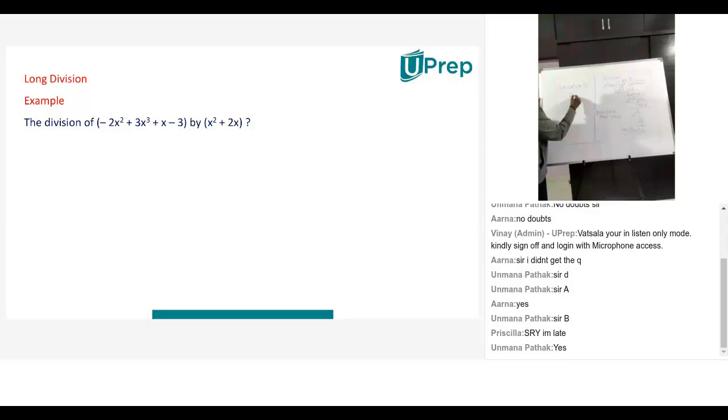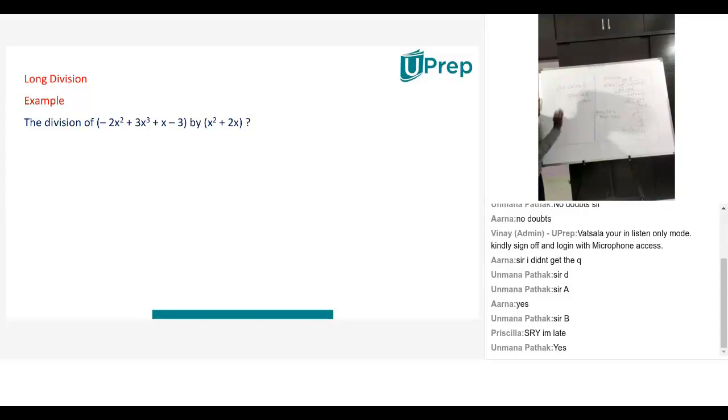Very good. What is my quotient? 3x minus 8. What is the remainder, children? 17x minus 3. Now what I will do is I will open the bracket and add this.